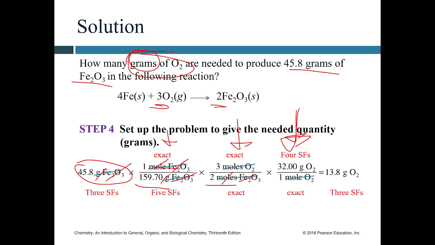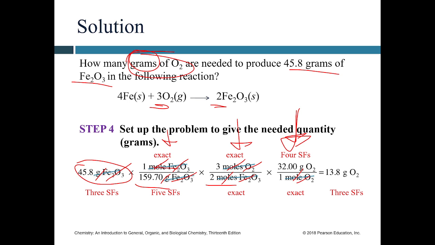That leaves me in moles of O2. And see how I just methodically cancel things out. Notice that's the same steps we had been doing for chapters 1 through 4. We're just adding new types of units, aren't we? Yeah. Okay, and so we go ahead and cancel moles of O2. And that's going to leave us in grams of O2. Everybody good with that part?